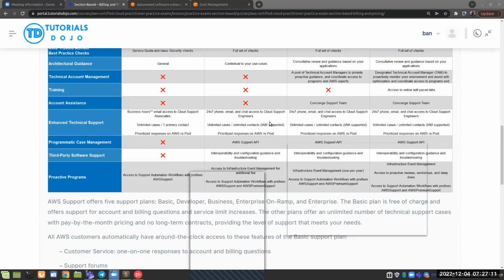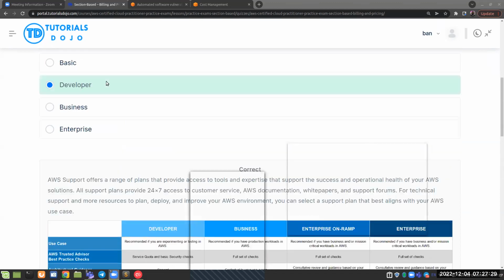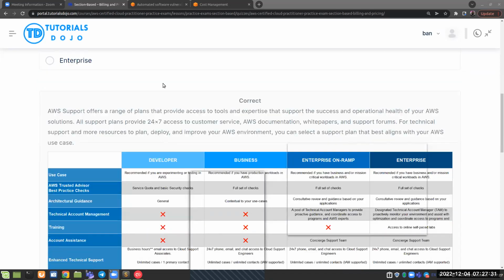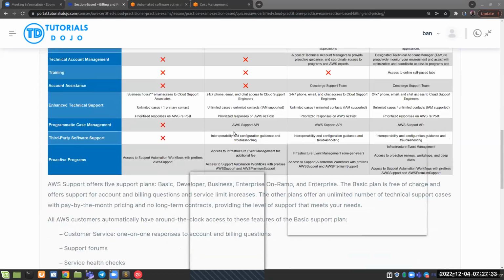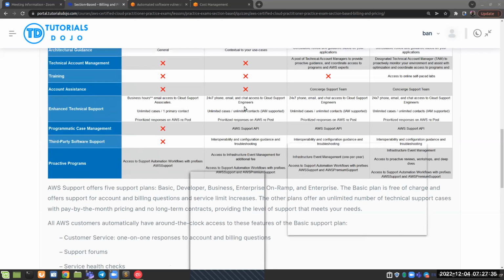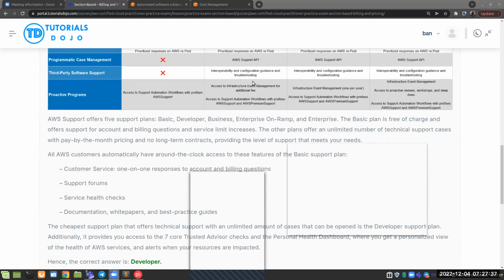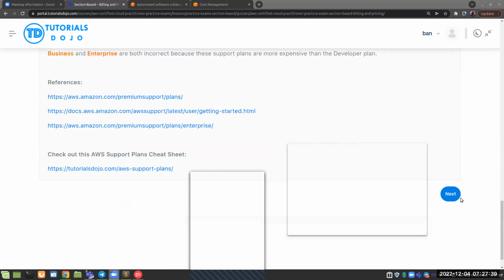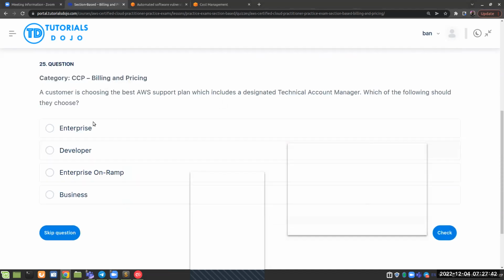Just think of it this way: once you have a support plan and you are paying some money, you can open any case. You can open an unlimited number of cases if you have issues when working with AWS. It doesn't have to be business here because there's the developer plan, right? So it goes back to this table. We have talked so much about knowing that table, and yeah, so let's go on.